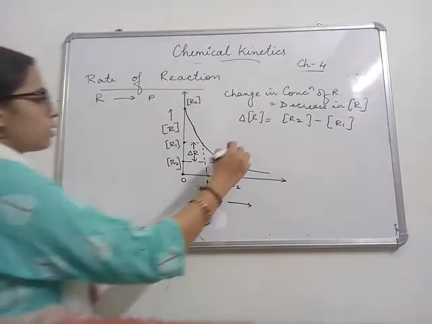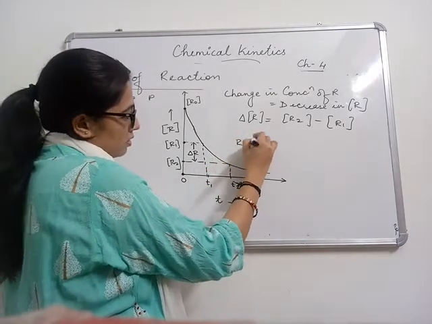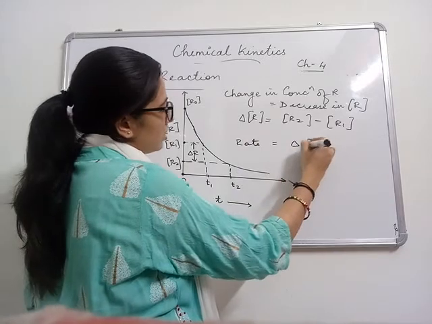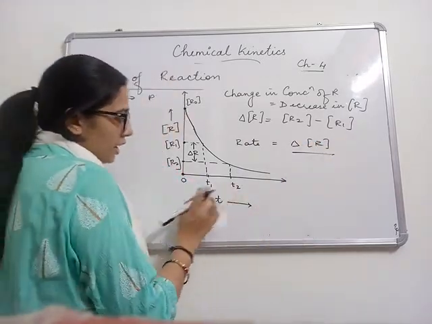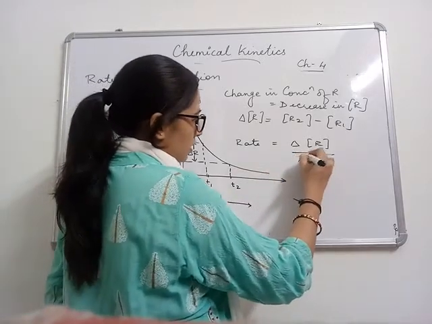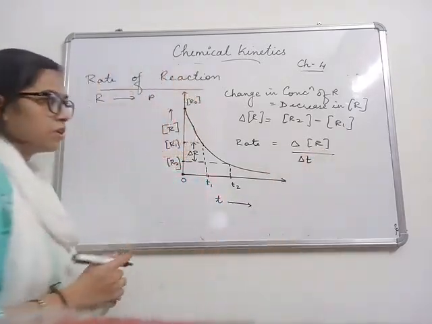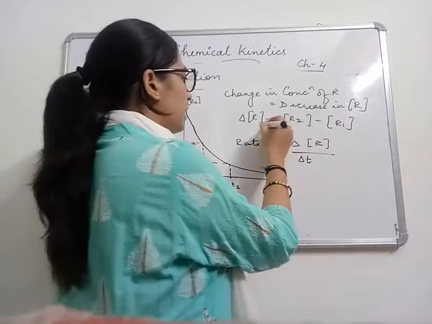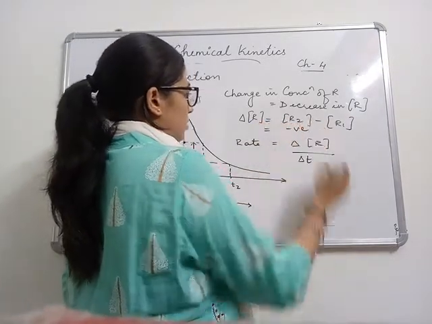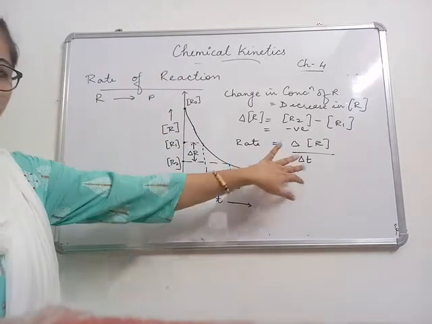ठीक है. Now what about the rate? Rate is equal to the change in concentration of reactant with change in time. What is the change in time? T2 minus T1, delta T. Now delta R will give you a negative sign, but the rate cannot be negative.